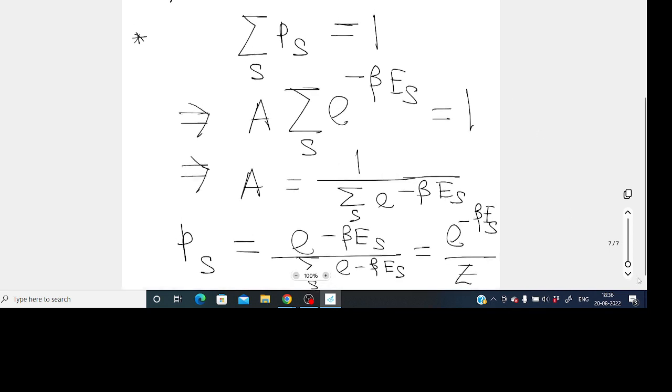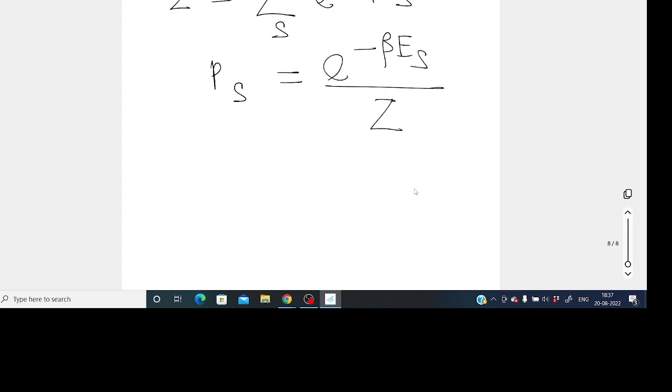Now what is Z? Z is the canonical partition function. Now what is canonical here? The probability distribution I have just written here is called the canonical distribution because we have exchange of energy between the system and the reservoir, but there is no exchange of particles between the system and the reservoir.